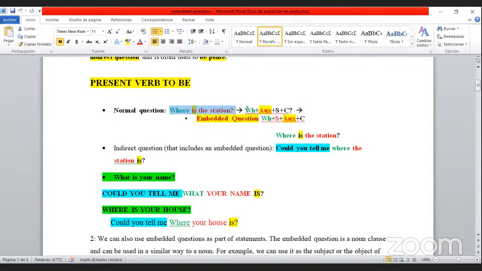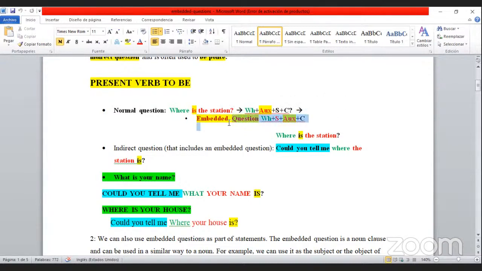We are using WH, the auxiliary, the subject, the station, and in this case we don't have a complement. So for this sentence we have to convert it into an embedded question. And how? This is the structure to convert it.